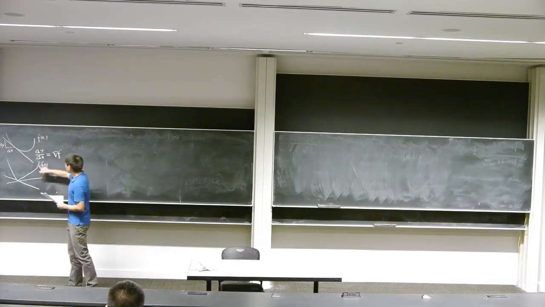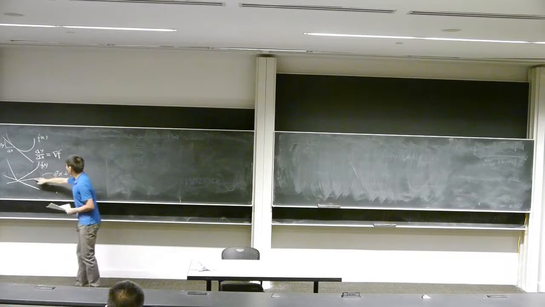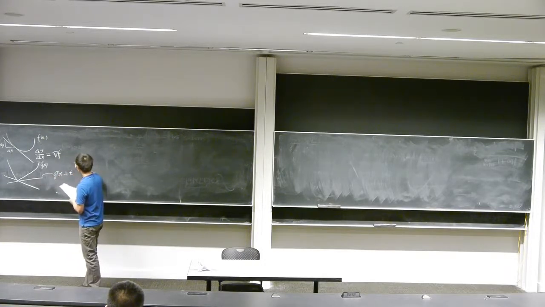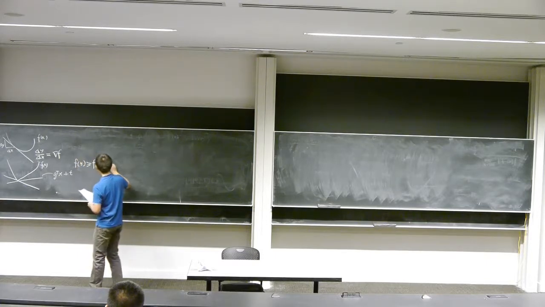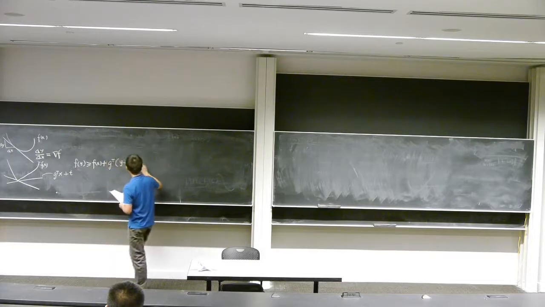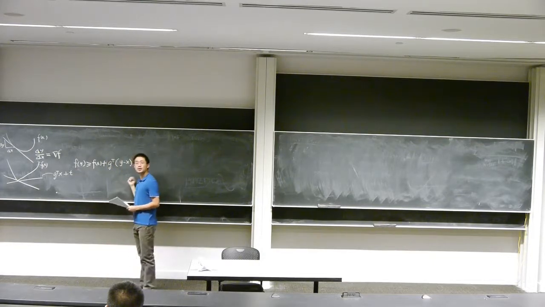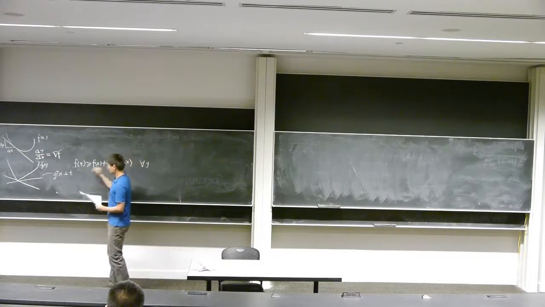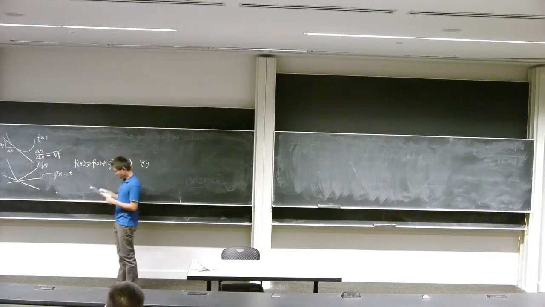To say that f is lower bounded by this plane, we say f(y) is greater or equal to f(x) plus g transpose (y minus x) for any y. So far everything is very simple, taught in class. Just a recap.